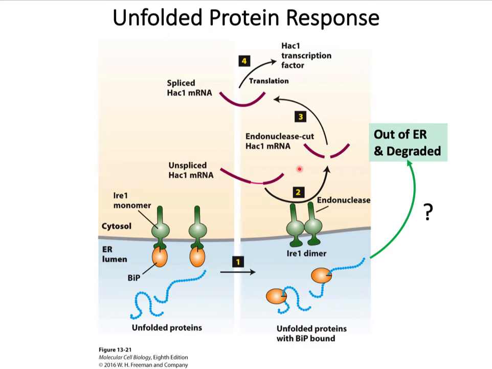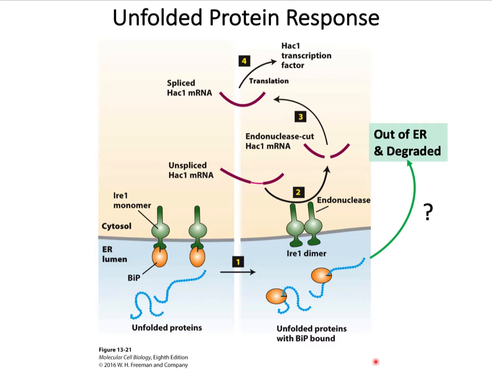The transcription factor is translated, moves to the nucleus, and regulates the expression of genes involved in the unfolded protein response. Additionally, these unfolded proteins are moved out of the ER and degraded by cytoplasmic proteases or by the proteasome pathway. You will see I have a question mark here because the molecular mechanism by which these proteins get transported out of the ER into the cytosol, and what regulates that, is currently unknown.